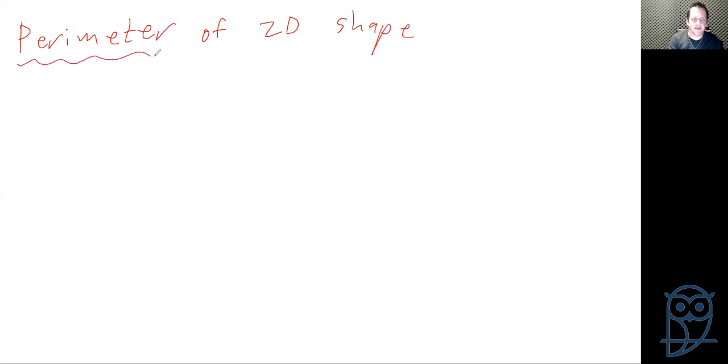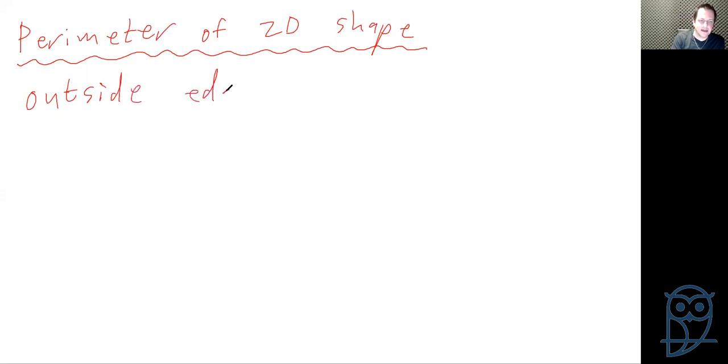Now, this time, we're going to be having a look at perimeter. So the question is, what is the perimeter of a 2D shape? It's important to remember that perimeter does not actually exist in 3D shapes. The perimeter of a 2D shape is the outside edge length.